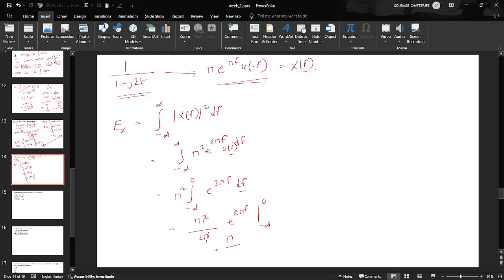So we are having pi by 2, and here we are obtaining 1 minus 0. So here we are obtaining the expression of energy as pi by 2.